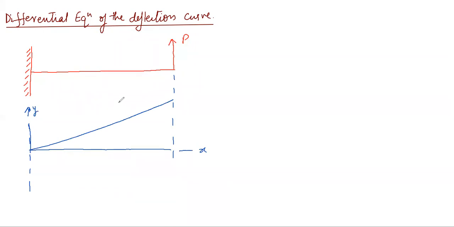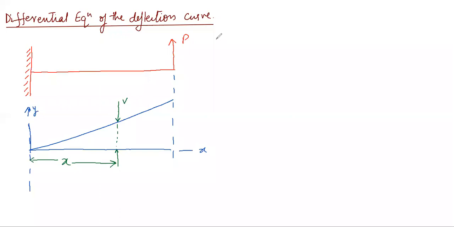Just take some V, this is V, the deflection at any distance of x, right? So V is the deflection at the distance of x. We need to first set up the relation of deflection with respect to x, right?